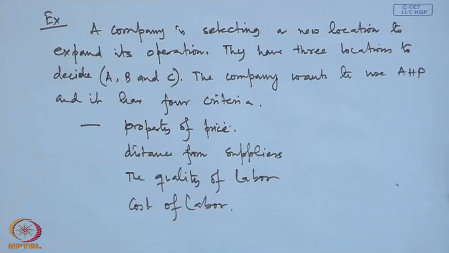As I said, the first stage of a decision making problem is information acquisition, and next is the quantification of information. Property price and distance we can quantify very precisely, but if I consider the quality of labor, this is the perception of the decision maker, and the perception cannot always be very precise in nature.